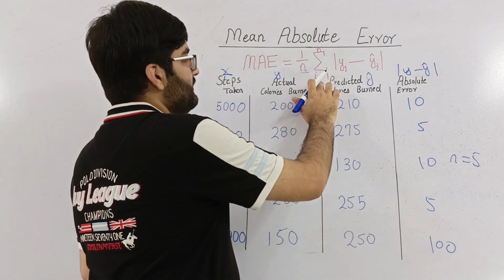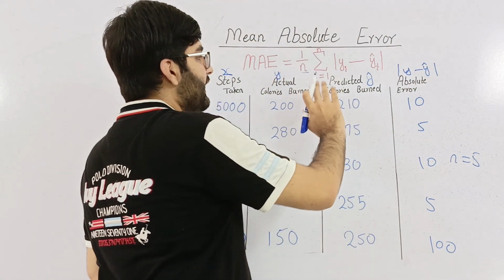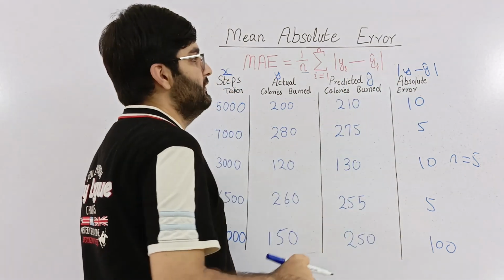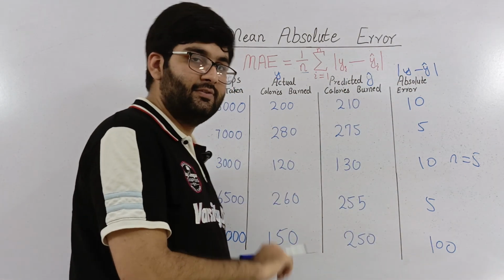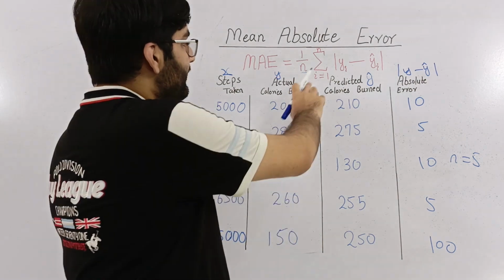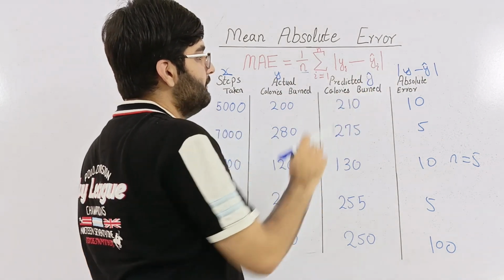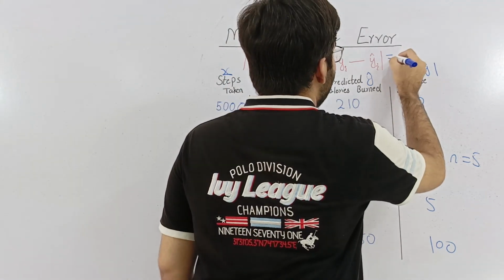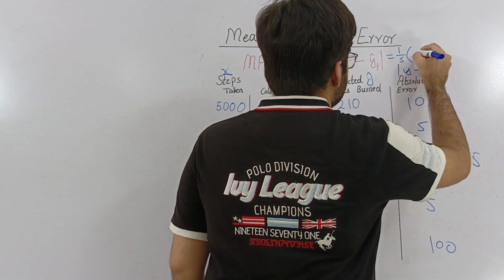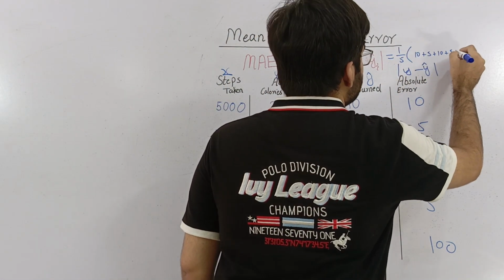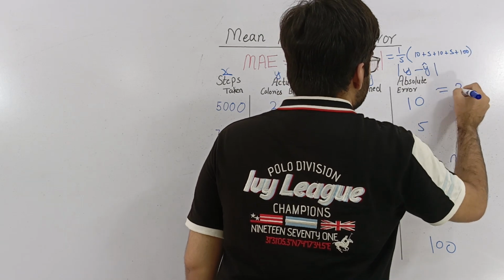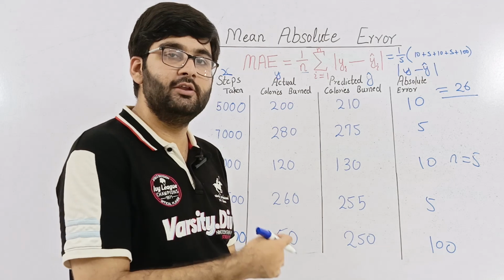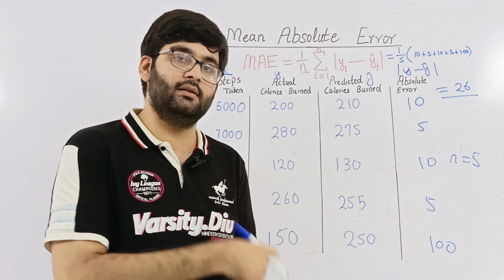As I said, the summation sign means that we have to sum up this term for all the values in that data set. So let me complete this formula by plugging in the values. So if you see that, this 26 is the value of the mean absolute error.